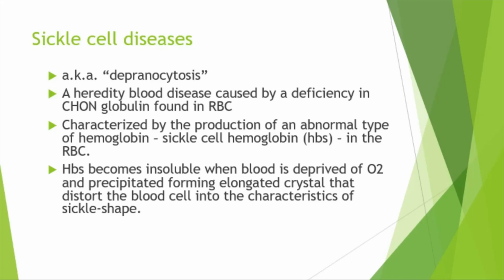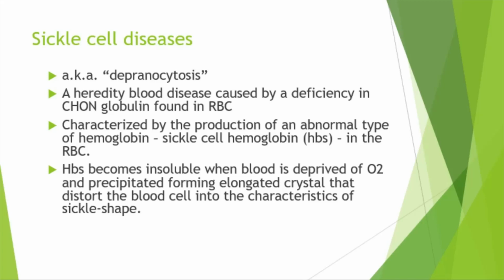Your sickle cell hemoglobin becomes insoluble when blood is deprived of oxygen, and precipitates, forming elongated crystals that distort the blood cell into the characteristic sickle shape.